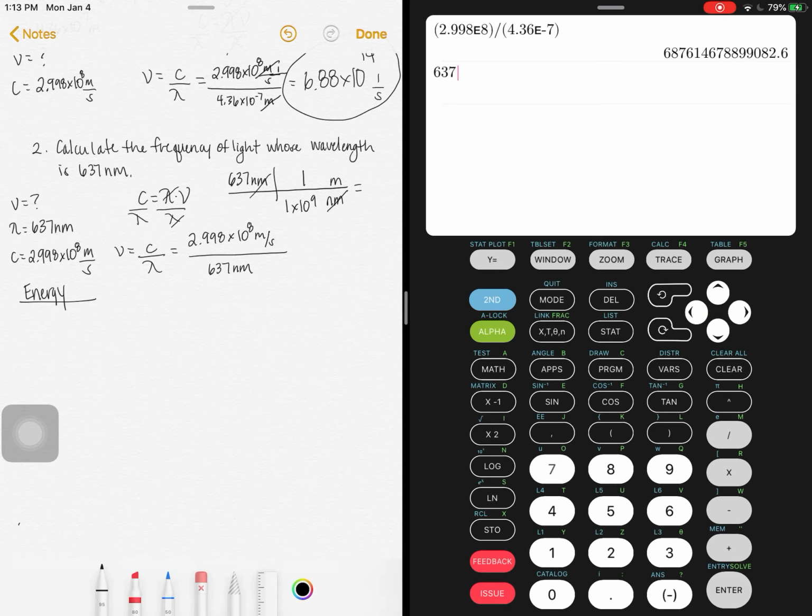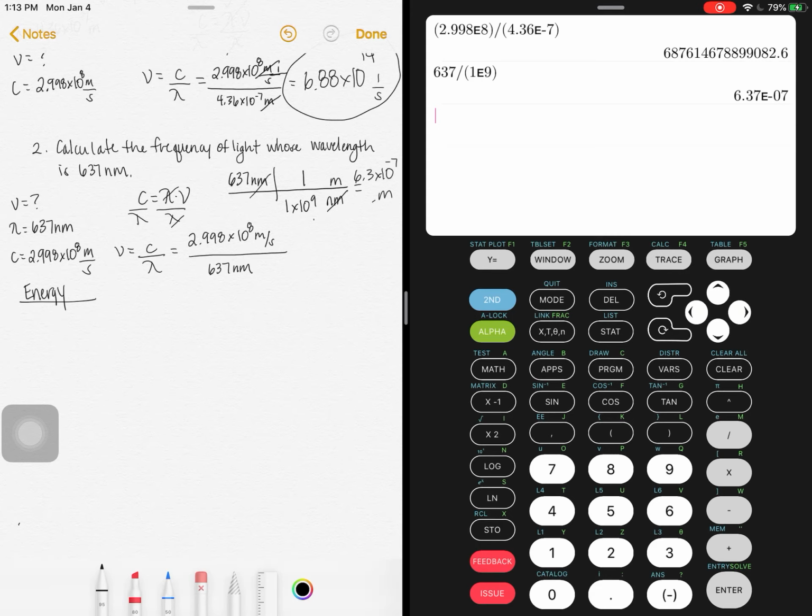So let's see, 637 divided by 1 second EE to the 9th. Okay, and that time it was nice to me and gave it to me in scientific notation. I wonder why. It told me that that was equal to 6.3 times 10 to the -7 meters.